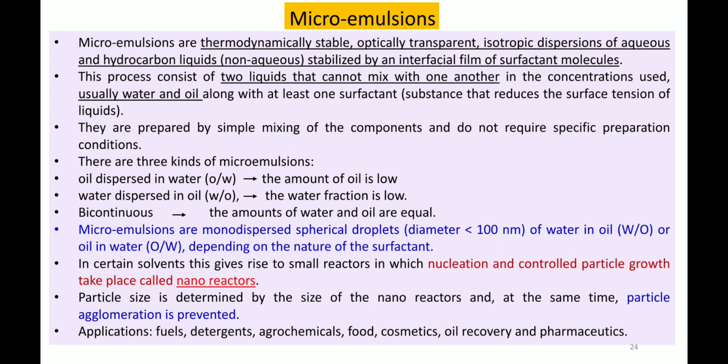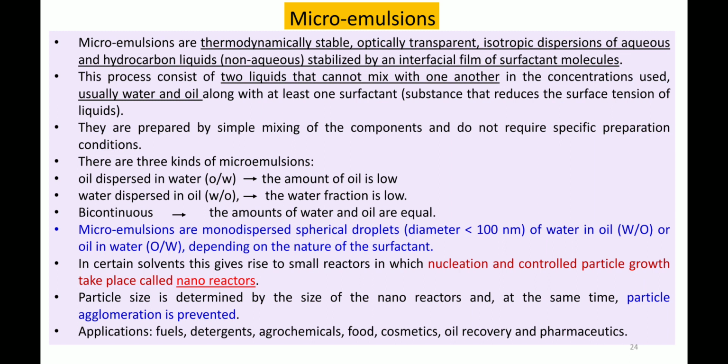So if we want to stabilize it, it is necessary to use a substance which will reduce this surface tension, and basically this substance we are going to use is a surfactant. You are now aware of the surfactant.